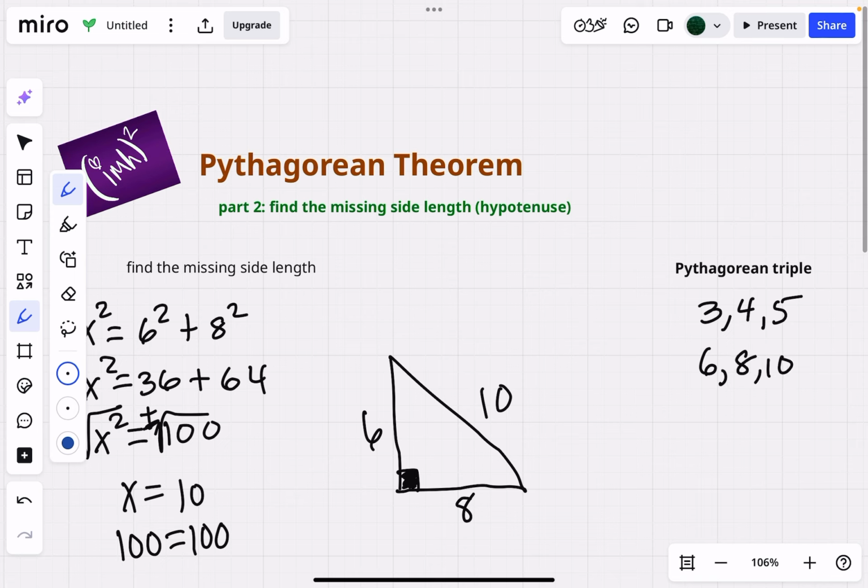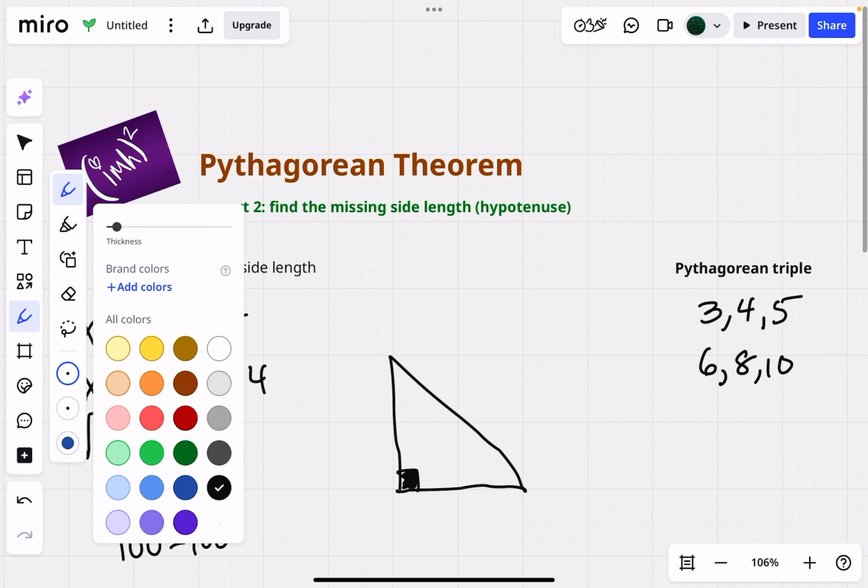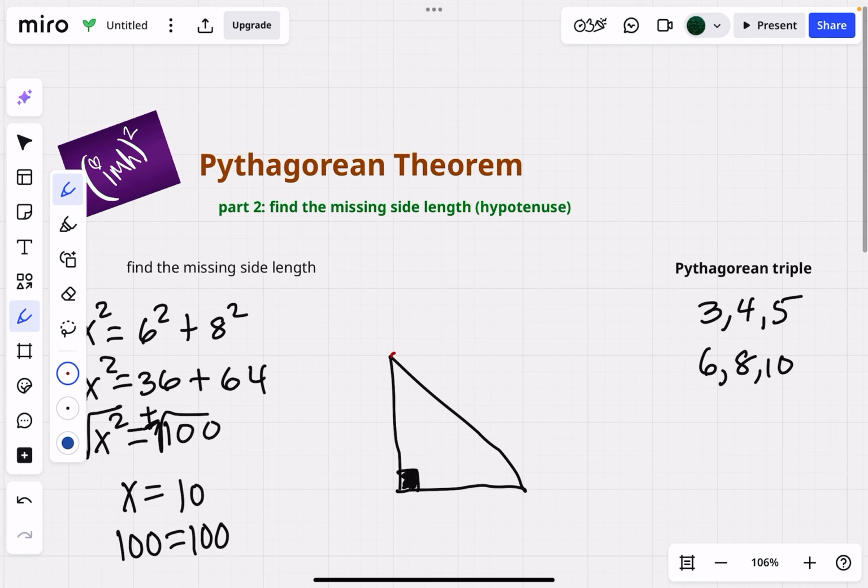Now, before we do another example, I would like in this video to also go over why this is even happening. So, for example, we're talking about squares in the Pythagorean theorem.